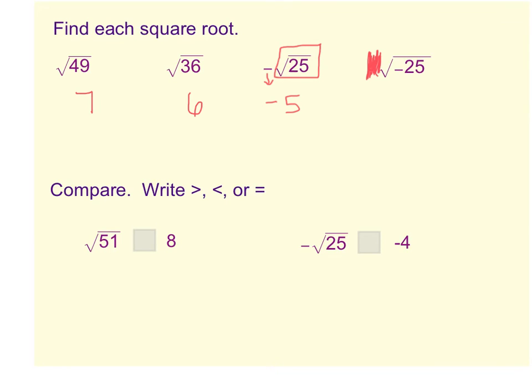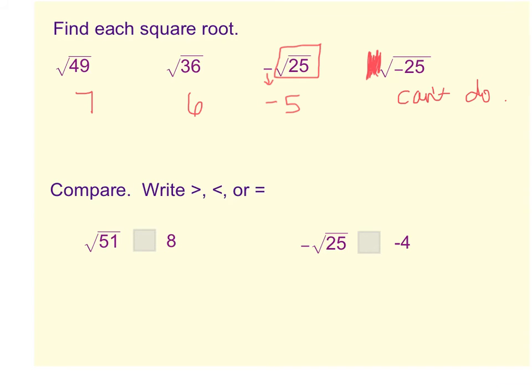So you could write can't do, you could write no solution, you could write undefined. I'm not going to be picky about that. If you type that into your calculator, you would get an error message. So you can't square root a negative number.